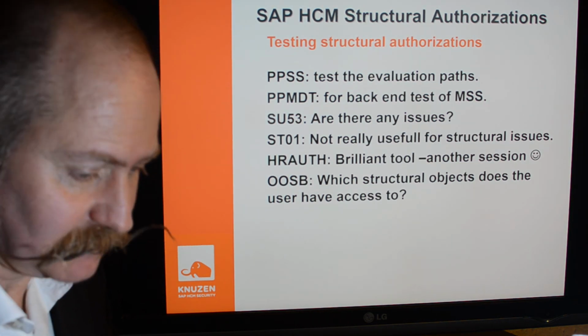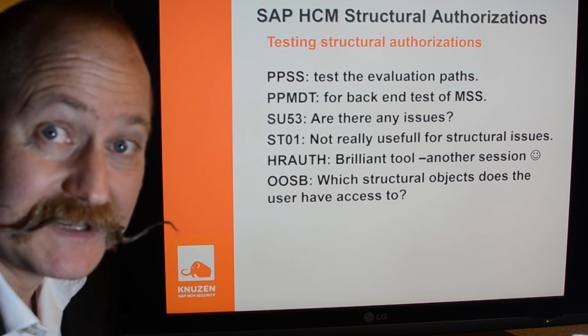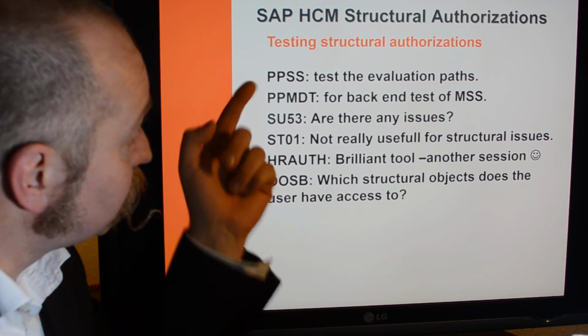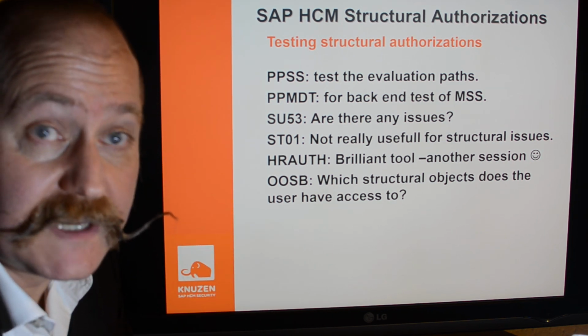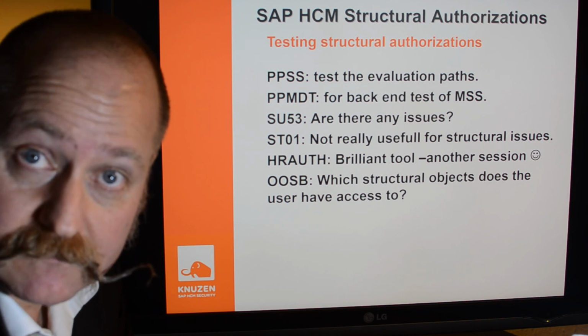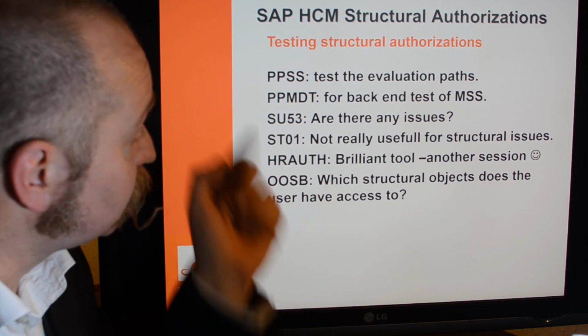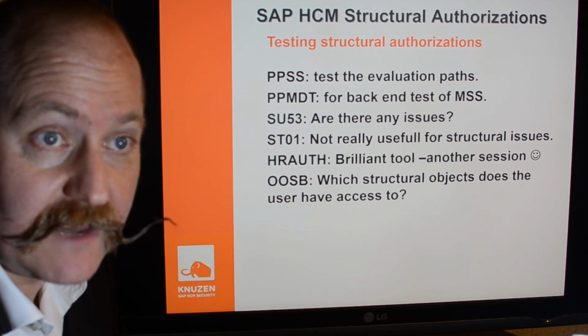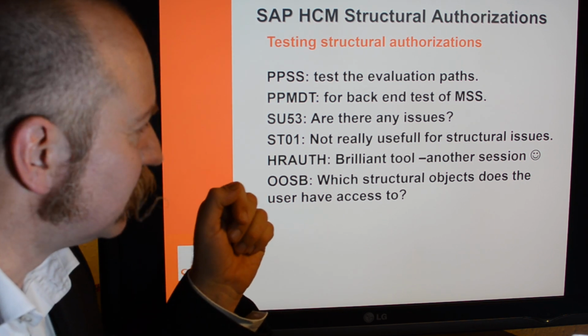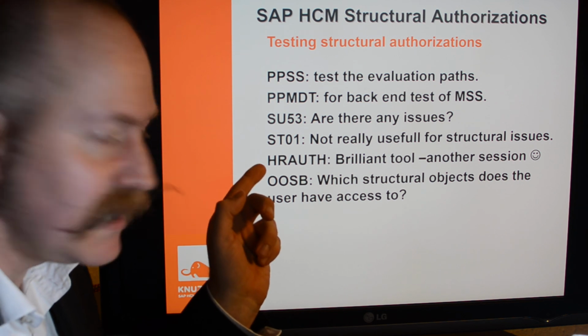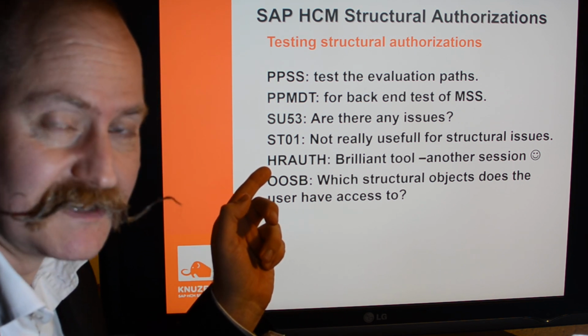When you have done this, then it's time for testing. I showed the PPSS. There's also PPMDT, the old version of Manager Self-Service. Then you have SU53. You have the trace. The trace is not really useful, but this one, HR Auth, this transaction is brilliant. Brilliant.